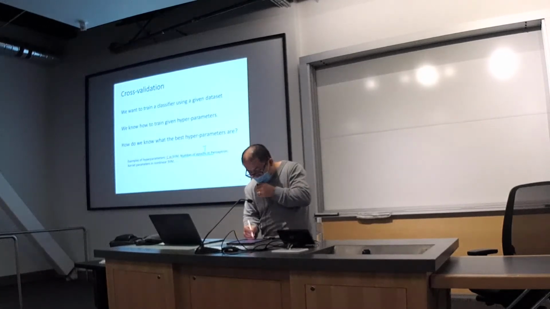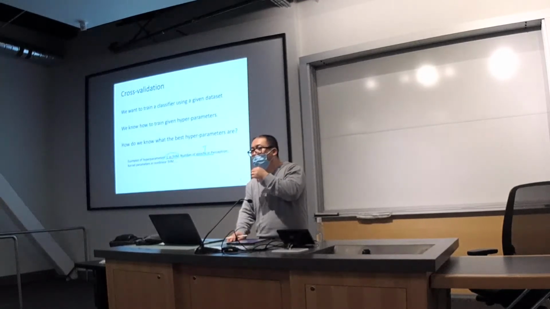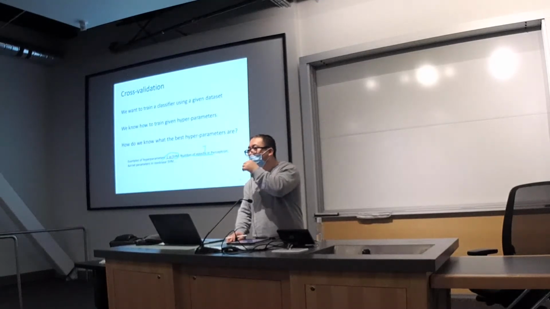Another hyperparameter is C in SVM. So what does C mean? The parameter that controls the trade-off between margin and minimum slack.